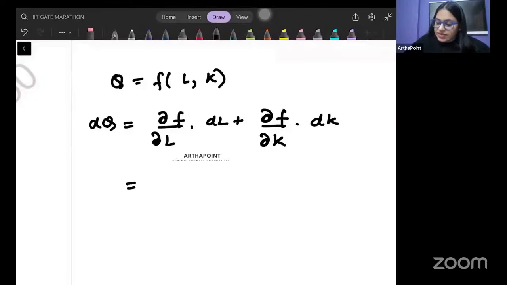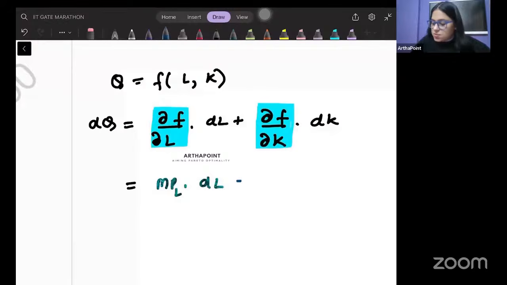But del f by del l is telling me how my output changes as labor changes. This is the marginal product of labor, dl. This is telling me how my output changes as capital changes. This is the marginal product of capital, dk. And this is equal to dq.